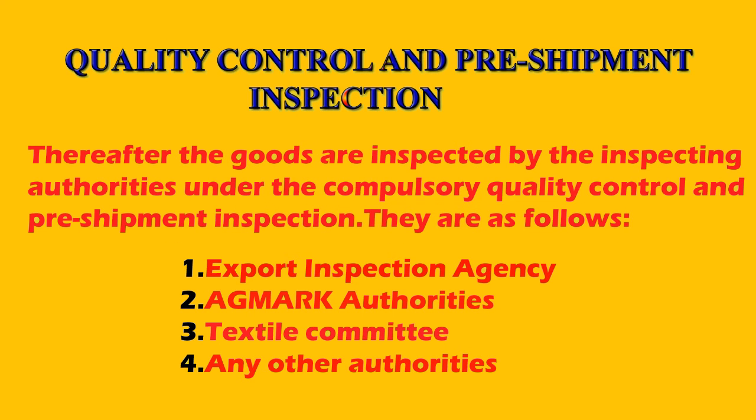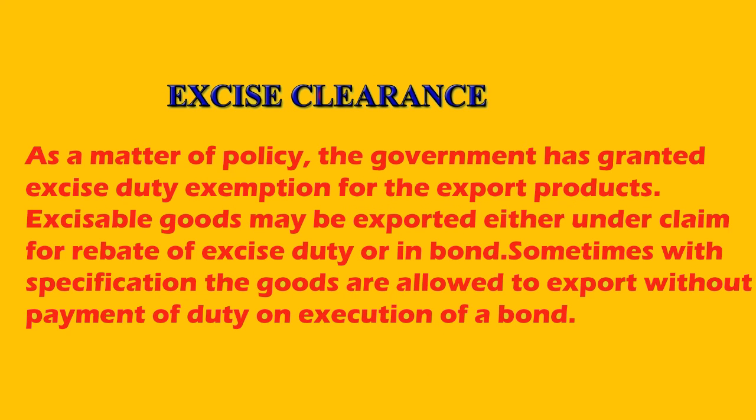Quality control and pre-shipment inspection. Before shipping the products, the goods are inspected by the inspecting authority, and this is compulsory under quality control and pre-shipment inspection. Some of the authorities are Export Inspection Agency, EGMARK authorities, Textile Committee for Textile Goods, or any other authorities authorized for this purpose. Excise clearance.